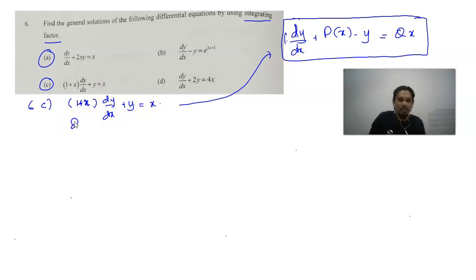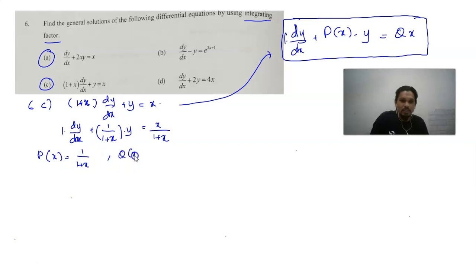You come out with dy/dx plus 1 over (1 plus x) multiplied with y equals x divided by (1 plus x). So here the coefficient of dy/dx equals 1 now. Already in this form, our P(x) equals 1 divided by (1 plus x), and Q(x) equals x divided by (1 plus x).